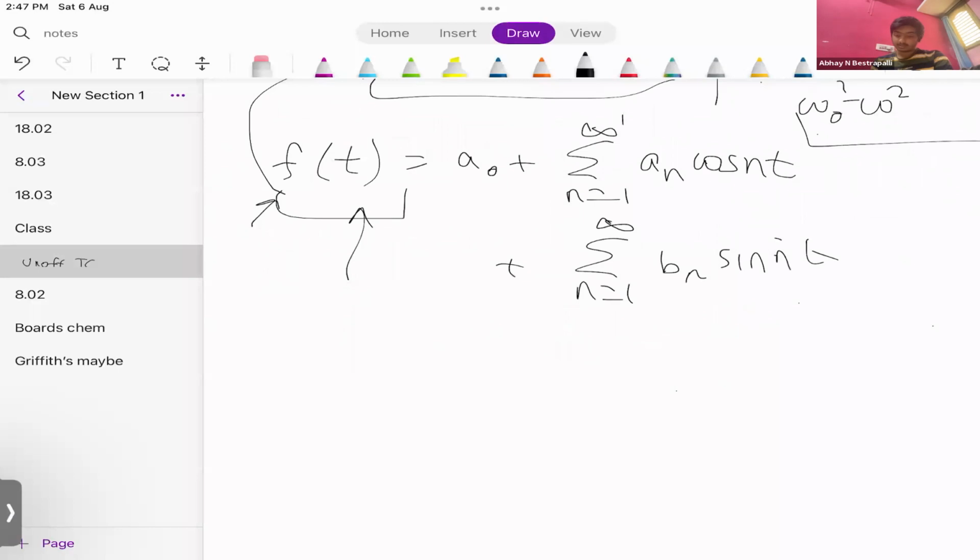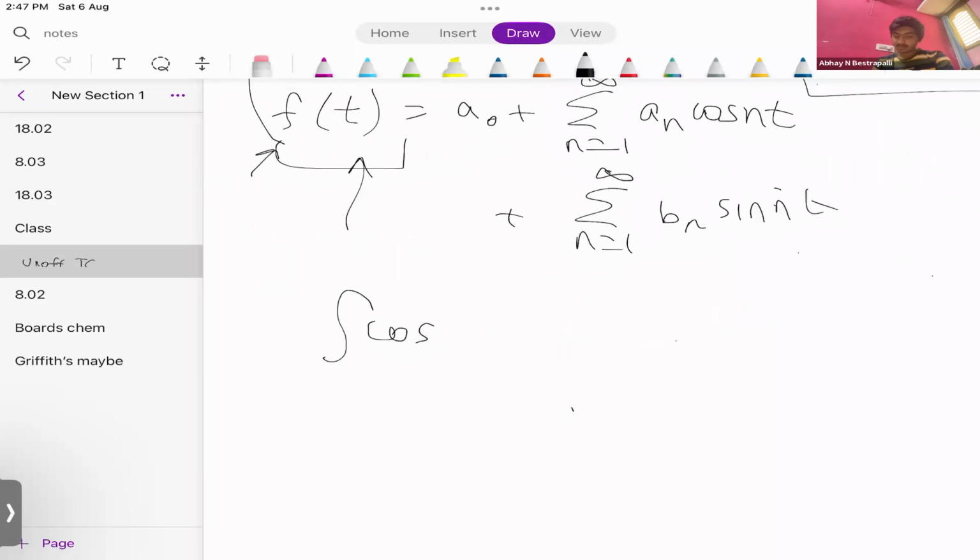The idea is that I'm going to be using a little bit of integration. If you don't know integration, this is not that integral.